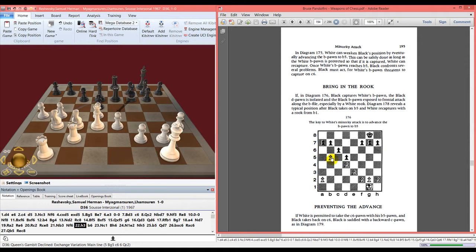You notice right here, that b5 pawn and c6. That's if white takes and then black takes back. You can see how that's going to come out. Then the c6 pawn becomes a backward pawn. And then you have an open file on the b file. Or if black takes the b pawn, then you have an isolated pawn on d5.